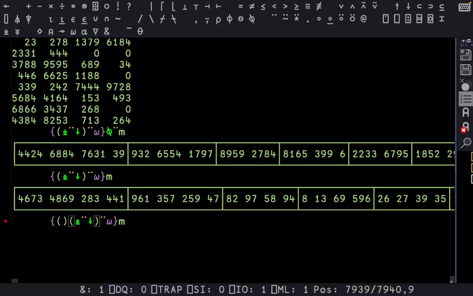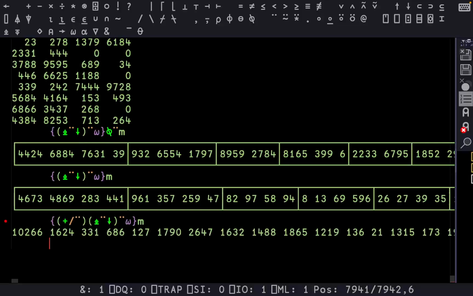For each one of these, let's do for each plus reduce. So this is all the numbers added together. And then we can also do the same thing for the times reduction.